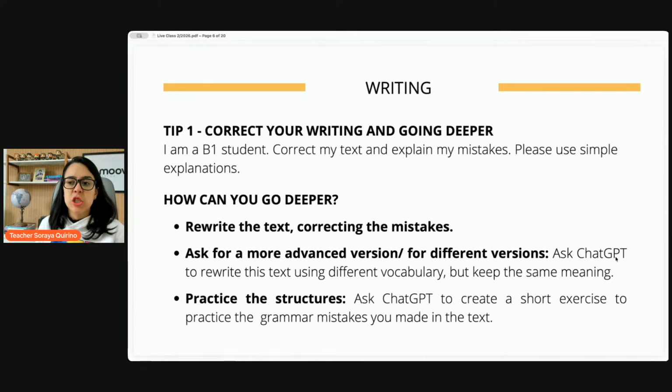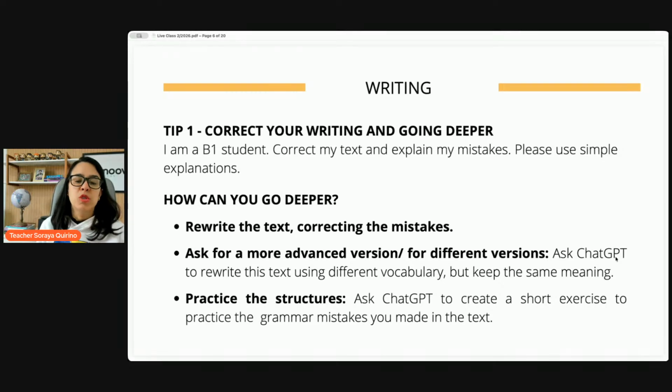You can ask ChatGPT for a more advanced version of your text. So, ChatGPT, can you rewrite my text, changing the level to a C1 level? ChatGPT will do that for you. And you can also ask ChatGPT, can you rewrite this text in 3 different ways using synonyms, using similar vocabulary?